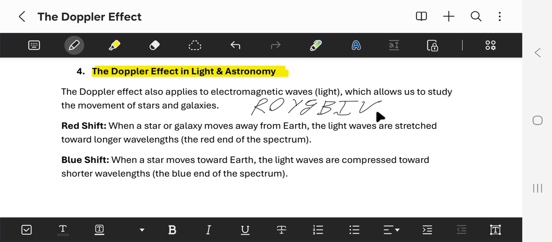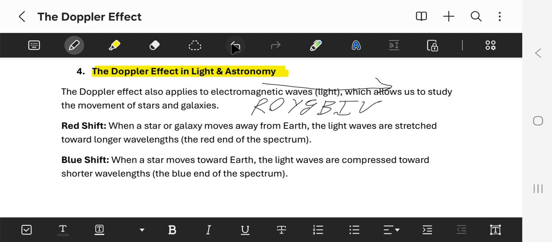These are the types of lights we have: red, orange, yellow, green, blue, this will be indigo and this will be violet. So this is our color spectrum, if you will. And in terms of this color spectrum, this is what we need to know, that when we are moving from the red side going to the violet side, then we will be increasing in frequency.